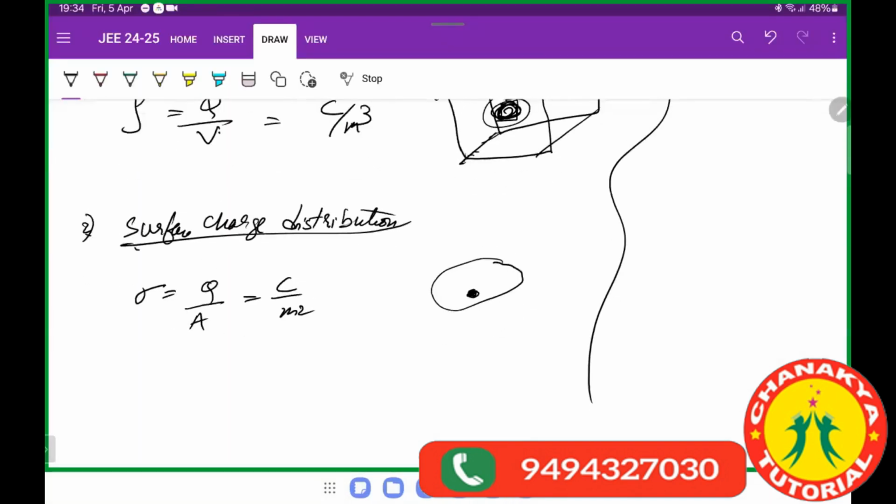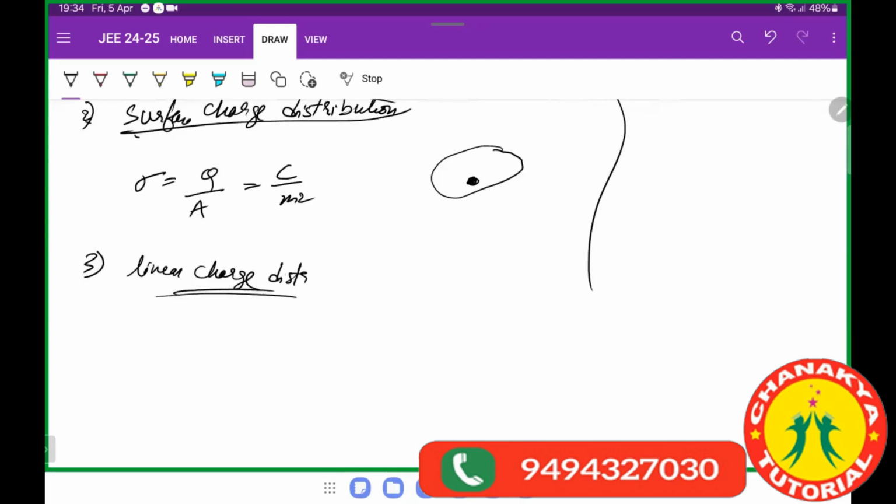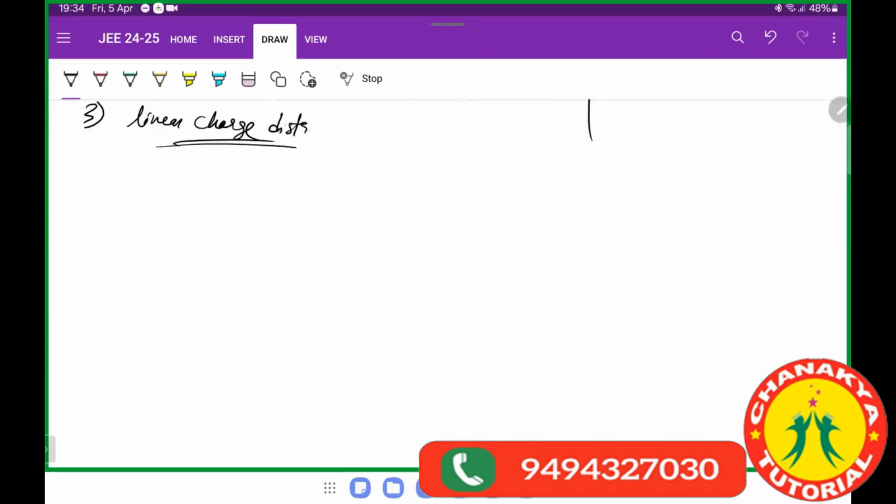Now the last one, linear charge distribution. Can you guess this one? What is it? Q by L. Yes, Q by L. Charge per unit length.